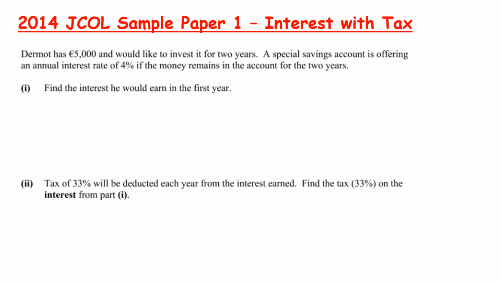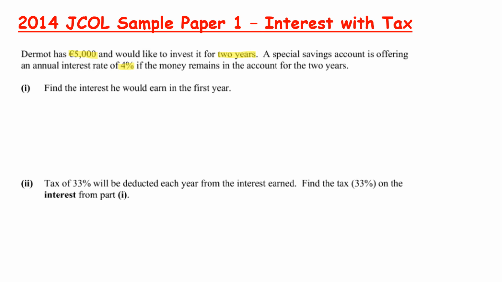So this is a Junior Cert Ordinary Level question from the 2014 paper, and it's just to show you how we might deal with tax. So Dermot has €5,000 and would like to invest it for 2 years. There's a special savings account offering 4% as long as the money remains for 2 years. Find the interest he would earn in the first year.